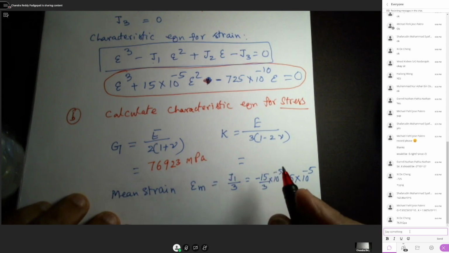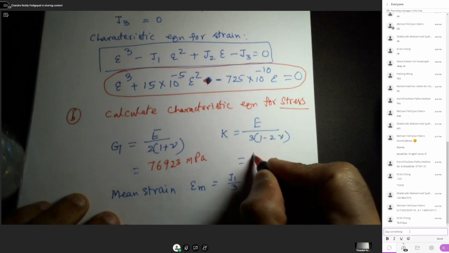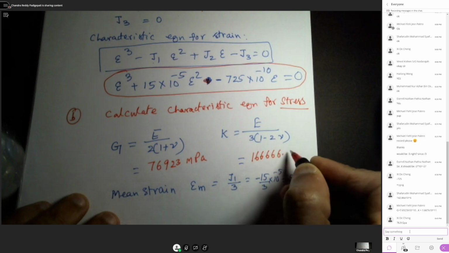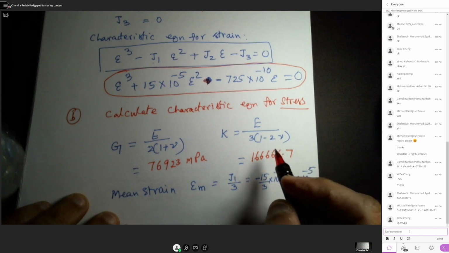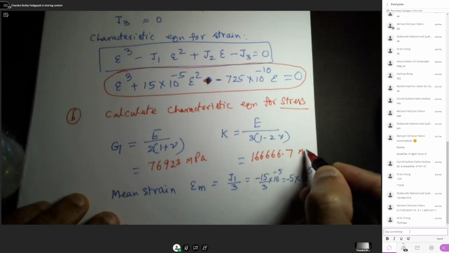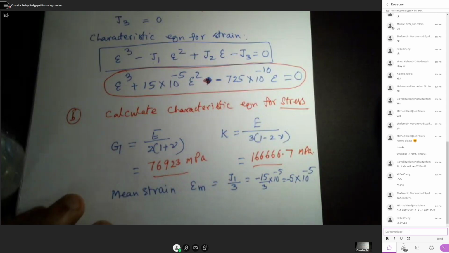The other one, K, is also correct, Michael's answer. So we write 166.56 megapascals. So you can find both the shear modulus and bulk modulus values like this.